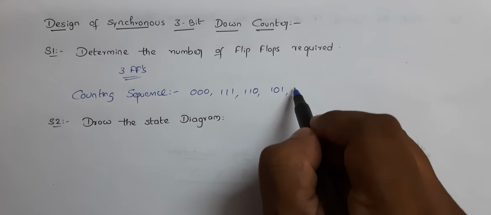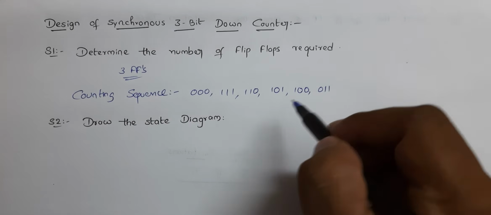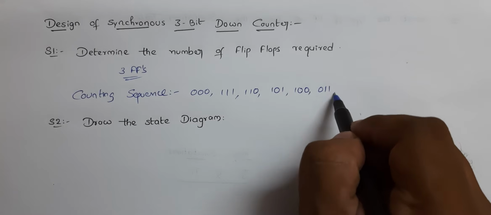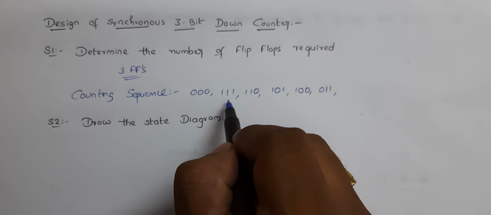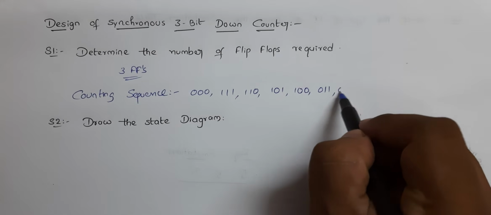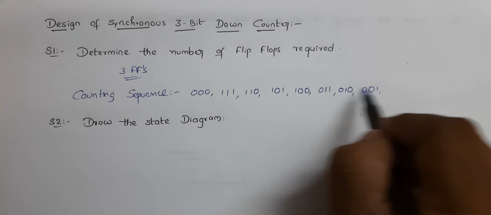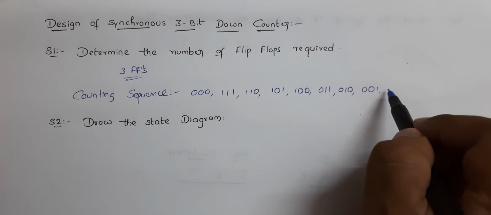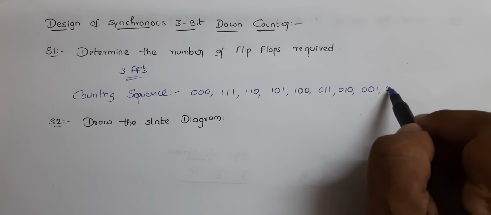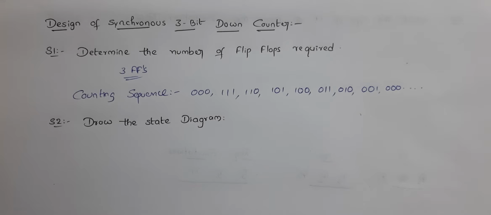We are going to design a down counter, so the states go downwards. That means 0, and then 7 6 5 4 3 2 and 1, and finally after completion of one cycle it returns to 0 0 0 and so on. So this is the counting sequence of the 3-bit down counter.